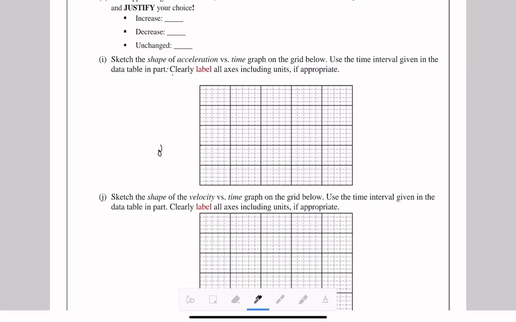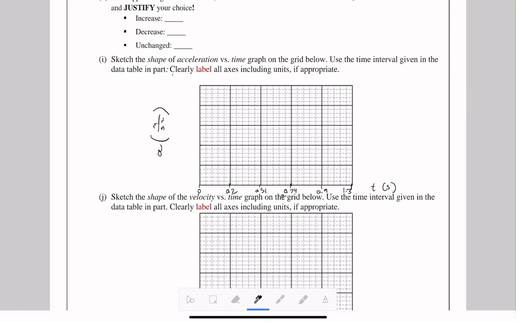So we're going to go ahead and label this as the a, and the units would be meters per second squared for the y-axis, and then the x-axis would be t in units of seconds. So we're asked to use the time interval that they give us. So I'm just going to go ahead and label it. They start with 0, and then 0.2, 0.51, 0.74, 0.9, and then 1.3.